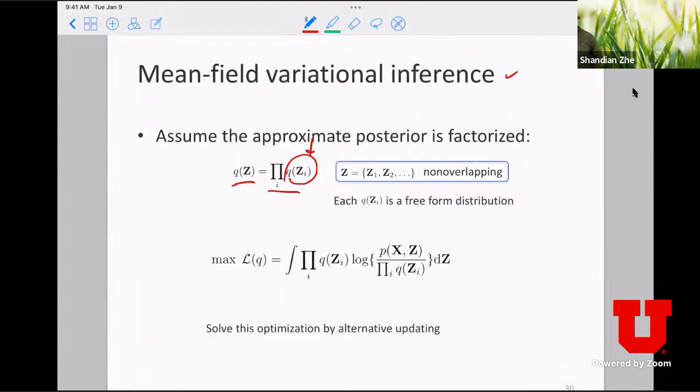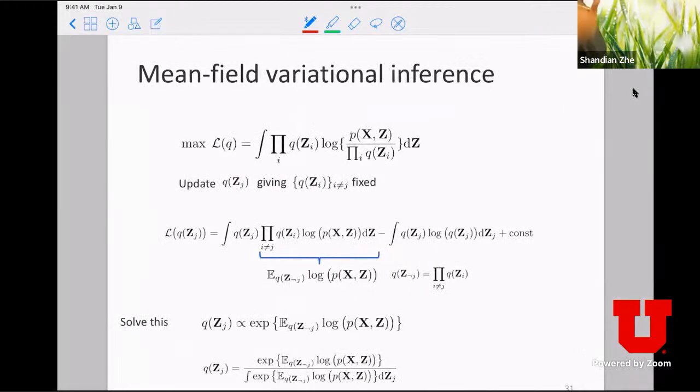So we introduced the so-called mean field variational inference algorithm, which is essentially a coordinate updating or alternating updating scheme. Every time we just fix one factor, Q of Zg, while fixing all the other factors.